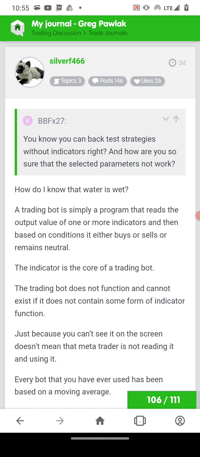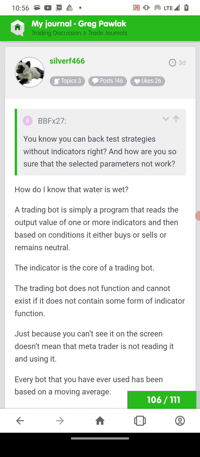setting up an indicator, and let's say that indicator produces a number that oscillates around 0. It goes up into the positive range, and then it goes into the negatives. It goes back into the positive range, goes back into the negatives.